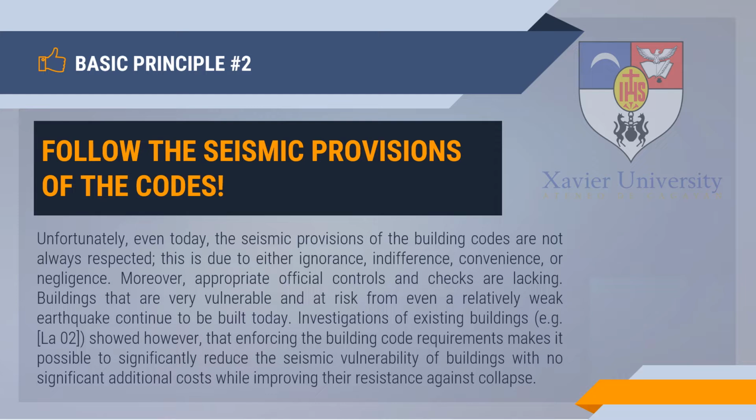So in the 1960s and 1970s, countries with moderate seismicity began to adopt seismic requirements in their building codes. In the same period, the better understanding of dynamic soil behavior as well as inelastic structural behavior led to the development of more advanced seismic codes.